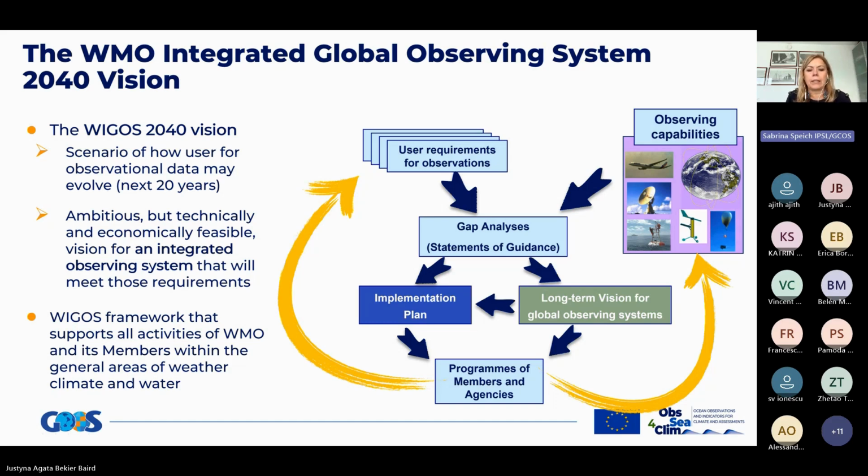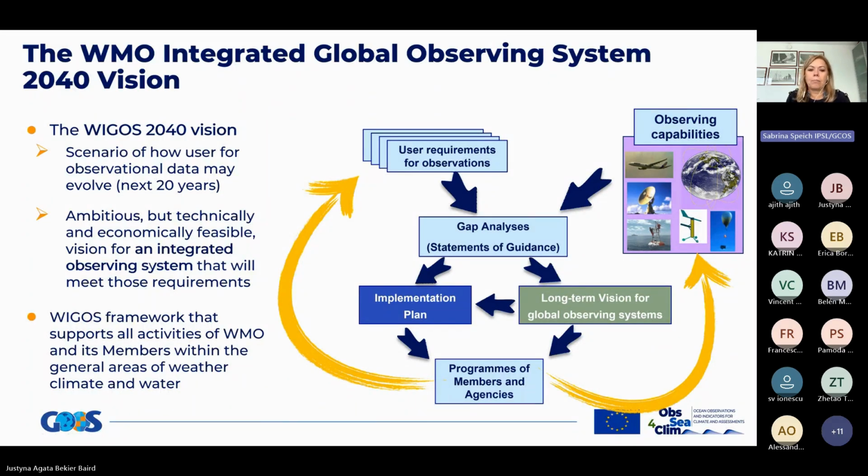It describes a technically and economically feasible yet ambitious observing system that supports all weather, climate, water, and related environmental services. It sets the high-level targets and guiding principles to steer the evolution of the observing system in WMO and all the related observing programs, and by member states over the coming decade.